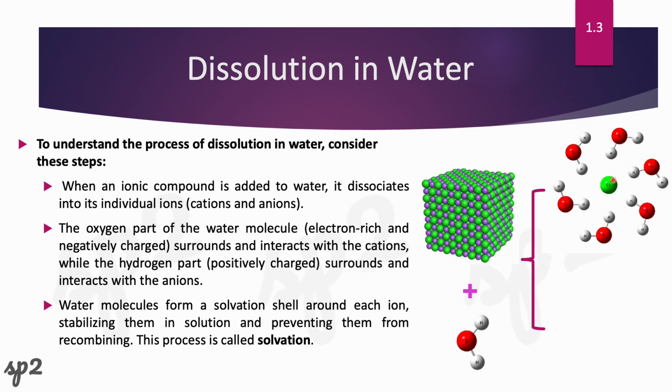That's how we can stabilize our negative charge, a kind of electrostatic interaction here. And then sodium, which is positively charged, is going to stay close to the oxygen portion of water. This is known as solvation. As you can see, they are creating layers or shells of water around these cations and anions. Okay, cool.